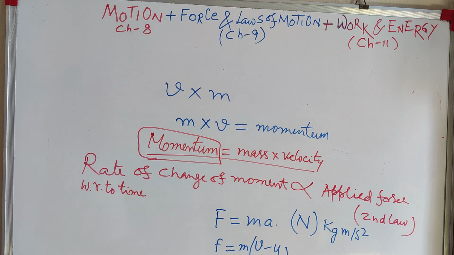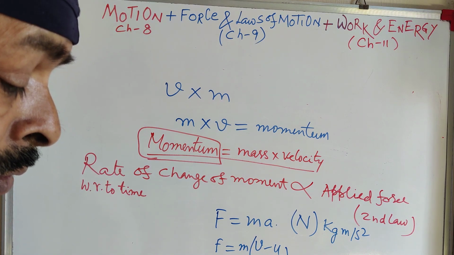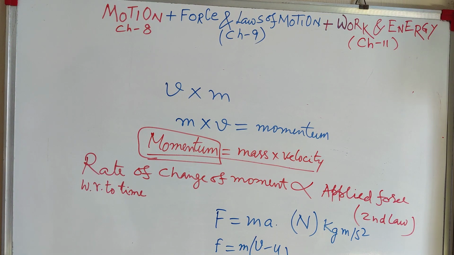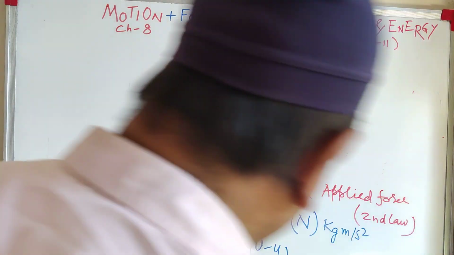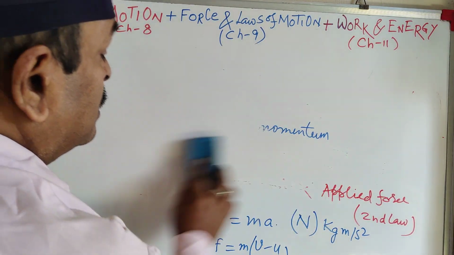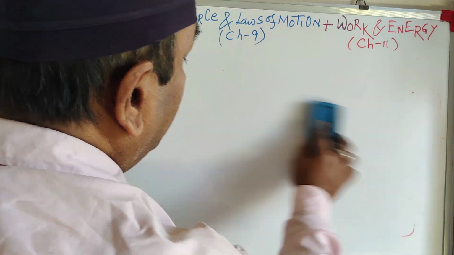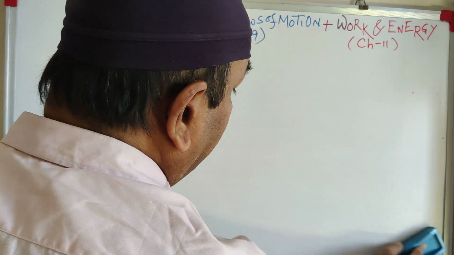You have to find out the acceleration and then multiply with mass to find out the total amount of force applied to make this motion done. So this is the concept of momentum and the calculation of force applied to bring the change in momentum.